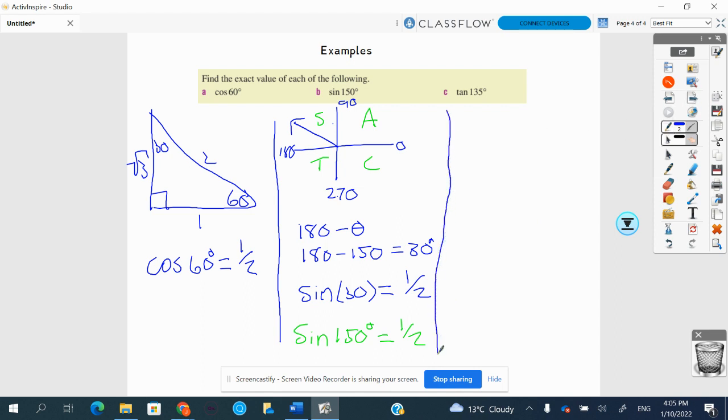And one last example. Again, we're going to need our 4 quadrants here, and 135 is going to sit in this second quadrant again. So I'm going to use 180 minus theta. So 180 minus 135 will equal 45.